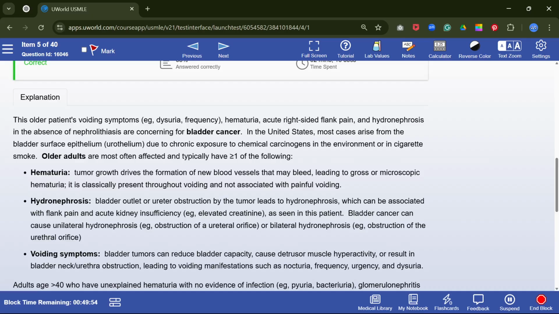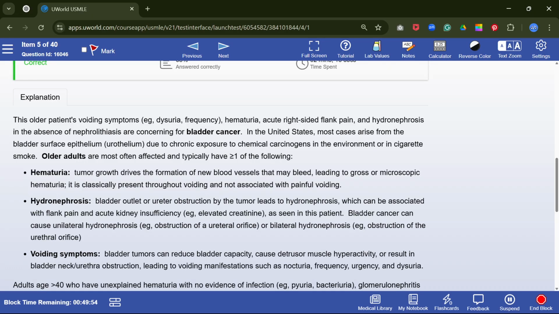This older patient with voiding symptoms: dysuria, frequency, hematuria, acute right-sided flank pain, hydronephrosis. Hydronephrosis in the absence of nephrolithiasis is concerning for bladder cancer.